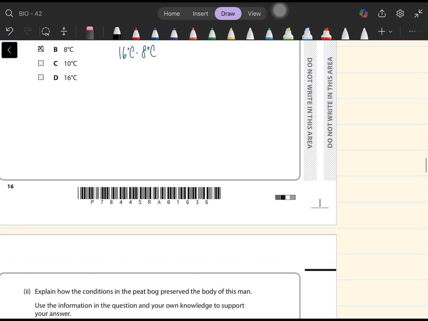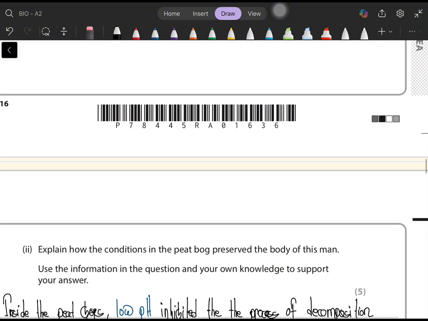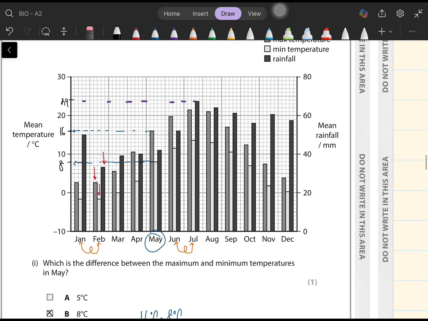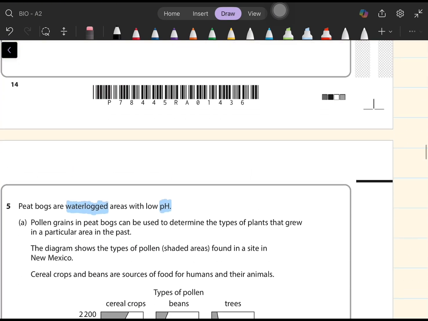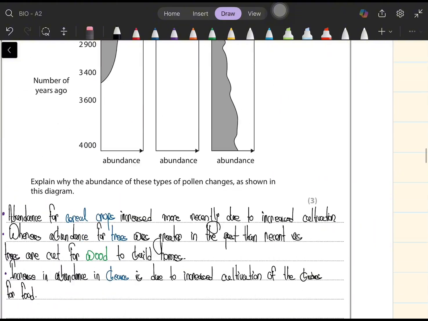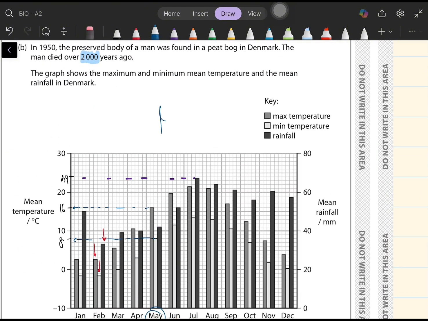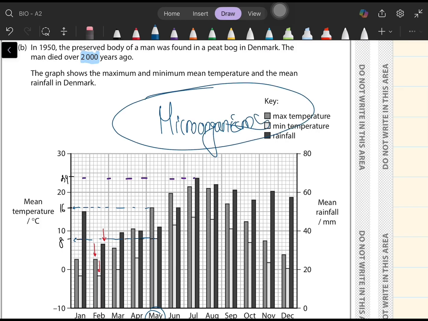Right, so explain how the conditions inside the peat bog preserved the body of this man from decomposition. In the first part of the question, we saw that peat bogs are waterlogged and they have low pH, right? So, who carries out decomposition? Microorganisms, or these are decomposers, right? And decomposers are living organisms, and if something is living, they possess enzymes.